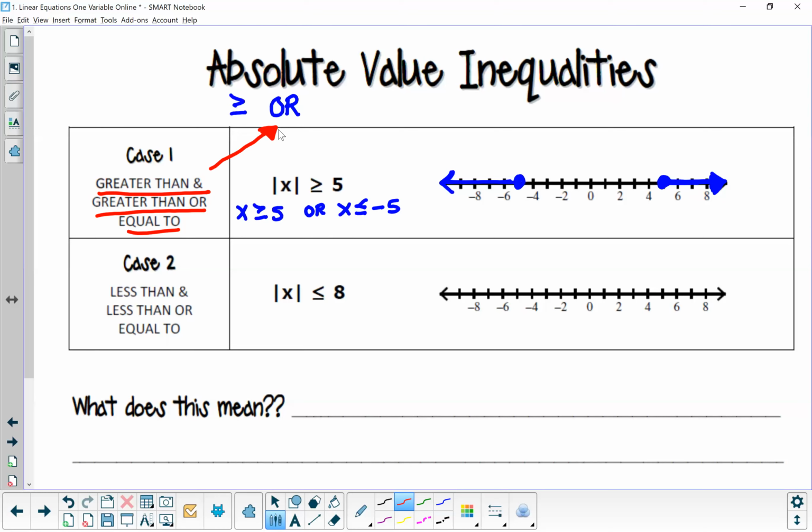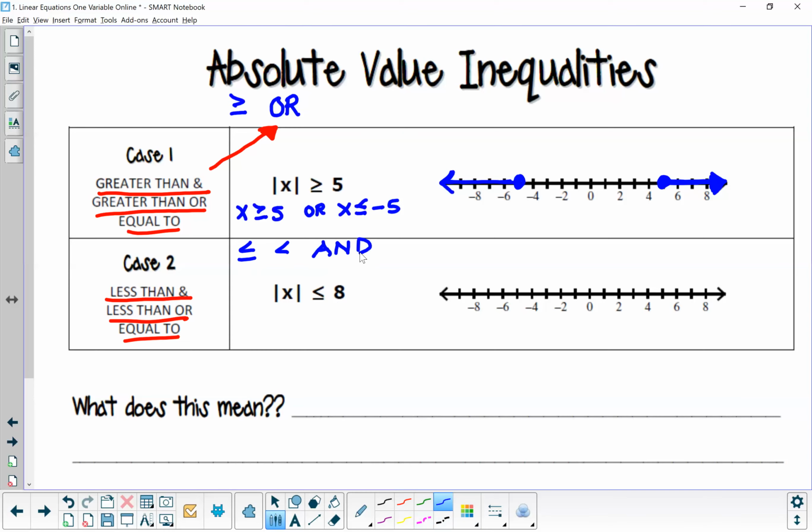Analogous to that, in our second example, we have the absolute value of x is less than or equal to 8. Whenever you have less than or equal to, or less than, the compound inequality is going to be with an and.